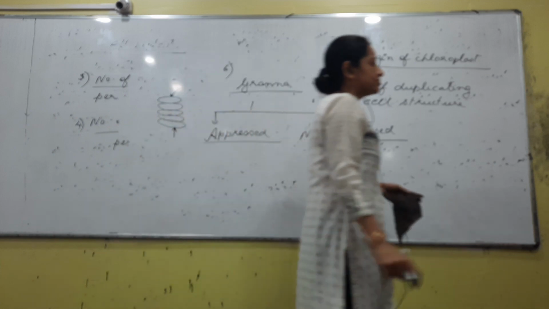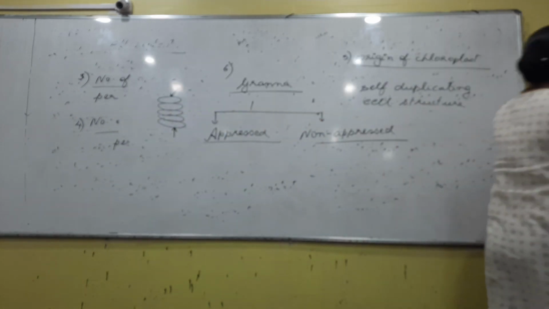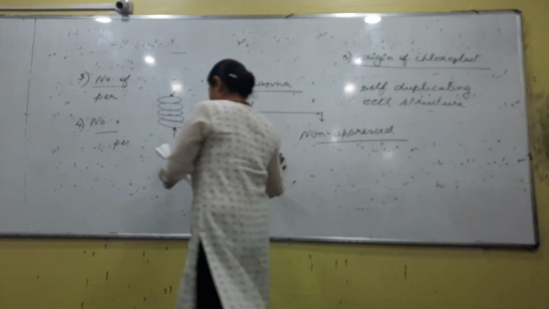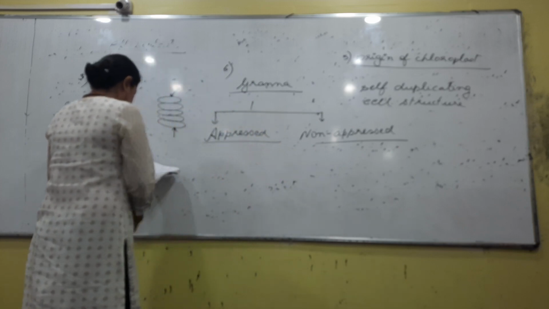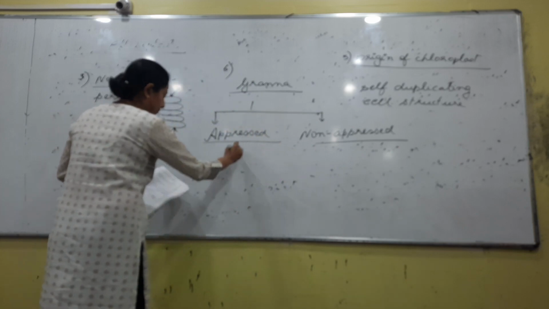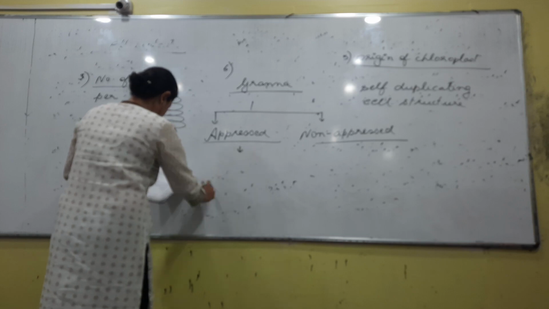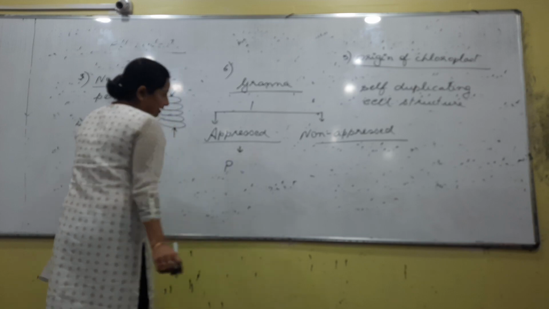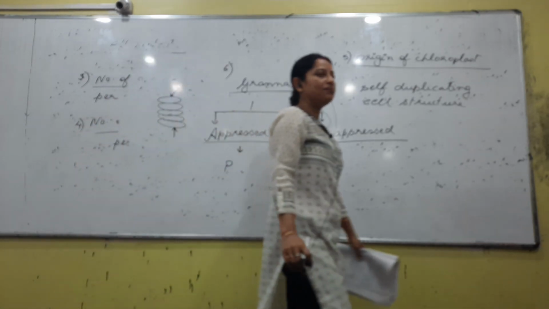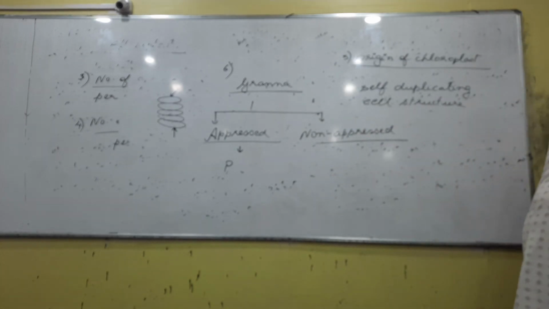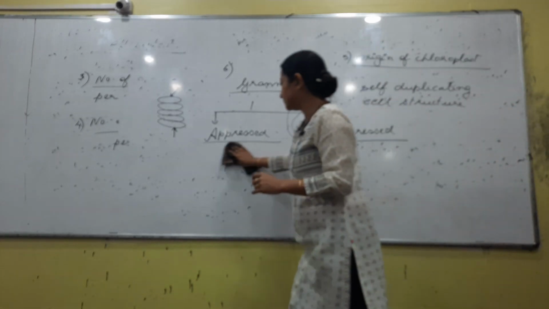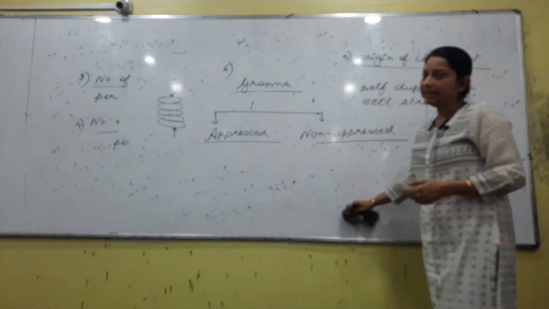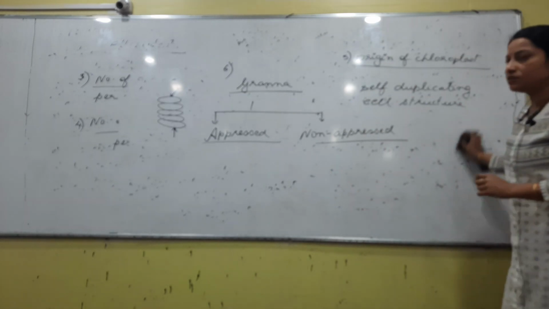Just the two terms used. Just two words, oppressed grana and non-oppressed grana. Photosynthesis আমি details কৰিম.